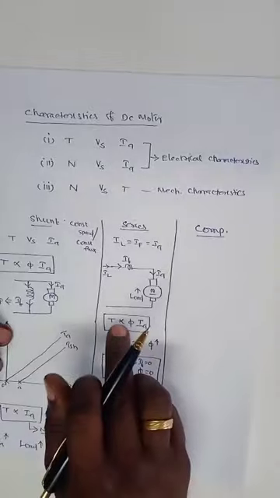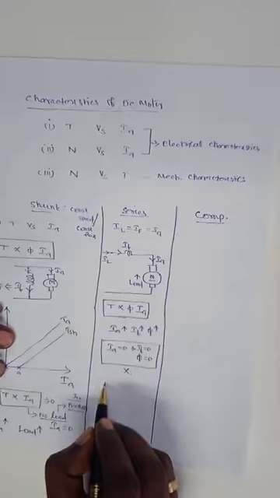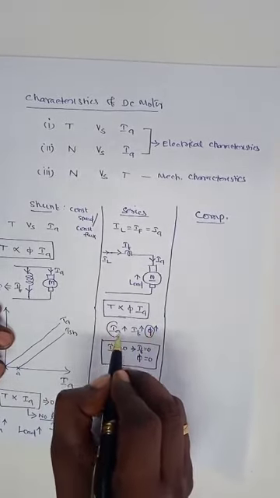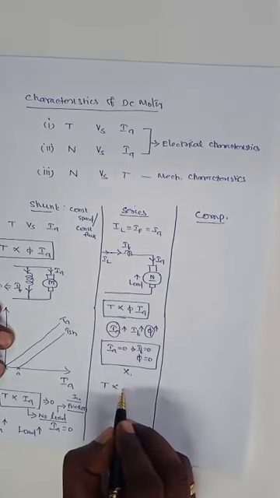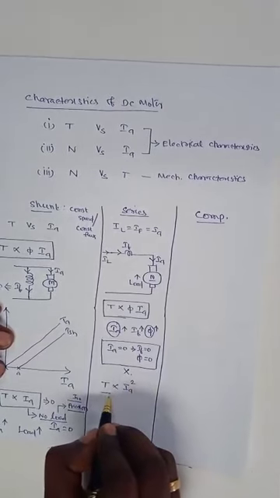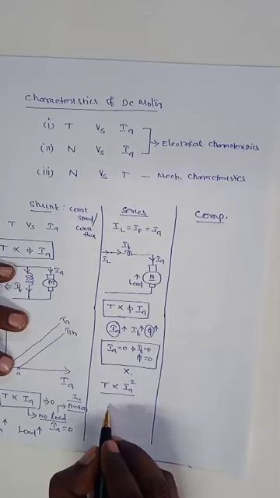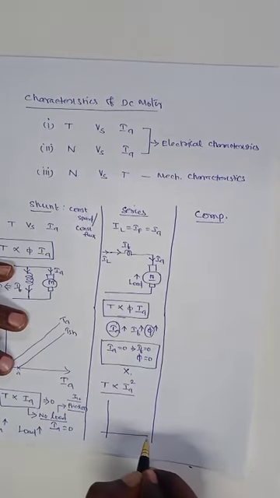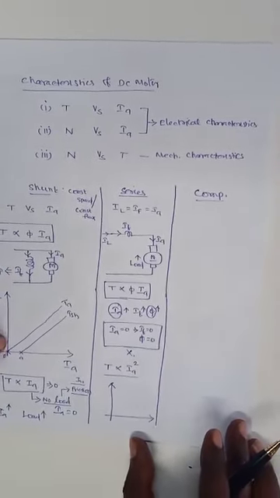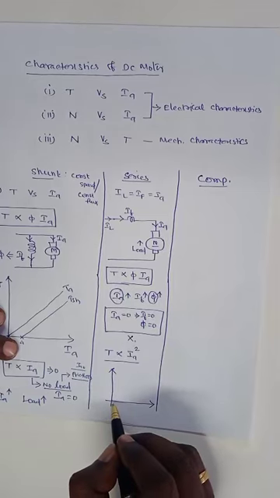Now the torque versus Ia characteristics. Since the flux is proportional to Ia, the basic torque equation changes to torque proportional to Ia square. So the characteristics will be like this.